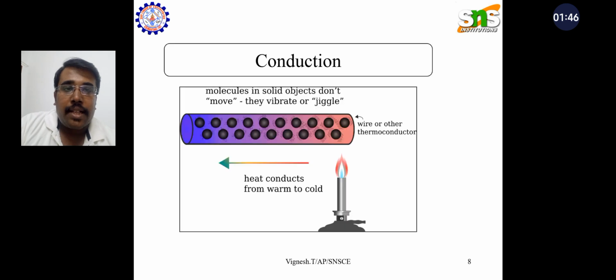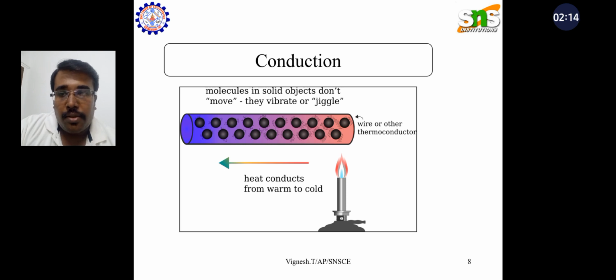This is a diagram of what actually happens. In solids, the particles are generally in a closely arranged manner. If you heat it at one particular point, the particles at that point start to accelerate, move faster, and vibrate.